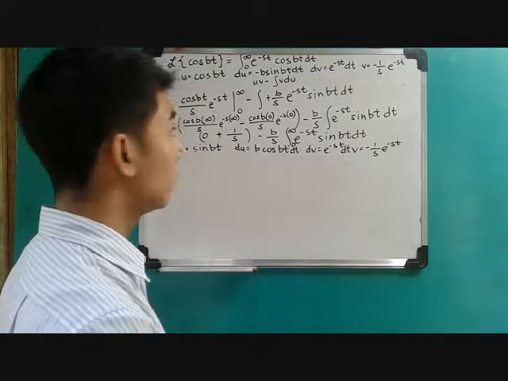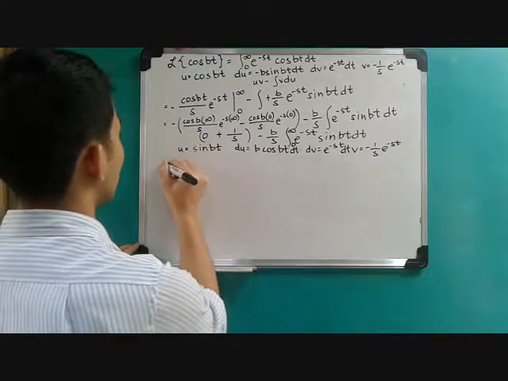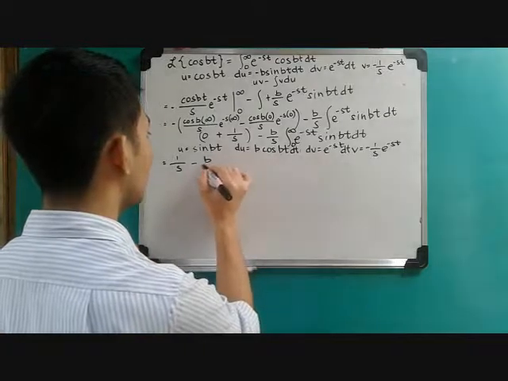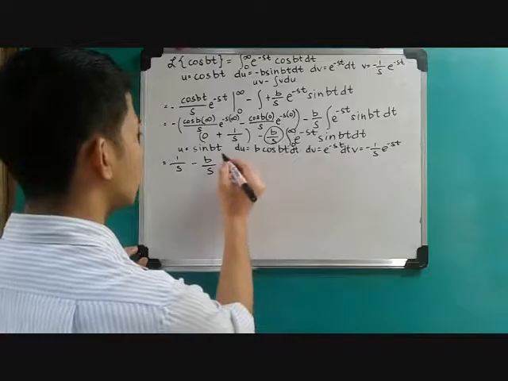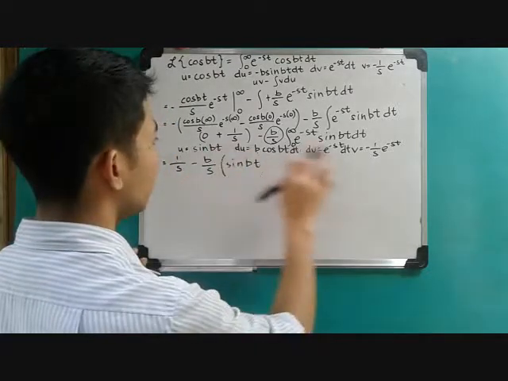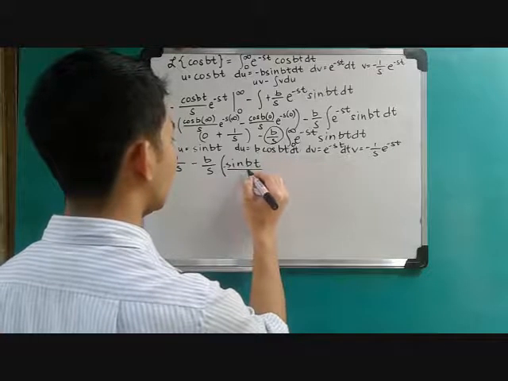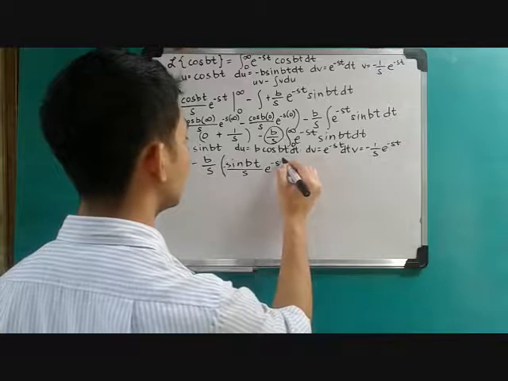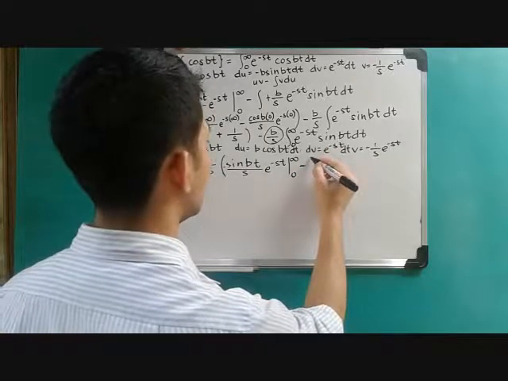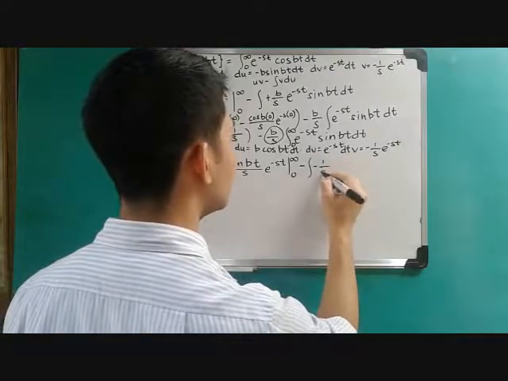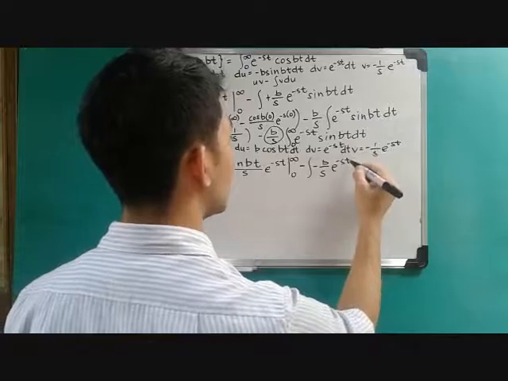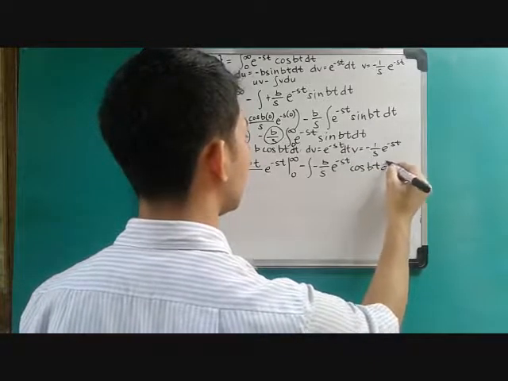Applying the formula again, uv minus integration of v du, we will come up with, copy the 1 over s minus b over s, don't forget this, times u is equal to sine bt, v is equal to negative 1 over s times e raised to negative st. Limits are from 0 to infinity, minus the integration of v, which is negative 1 over s e raised to negative st, times du, which is b cosine bt dt.